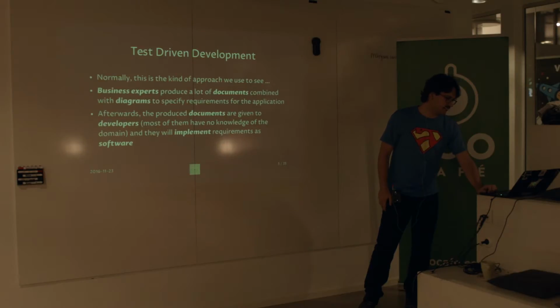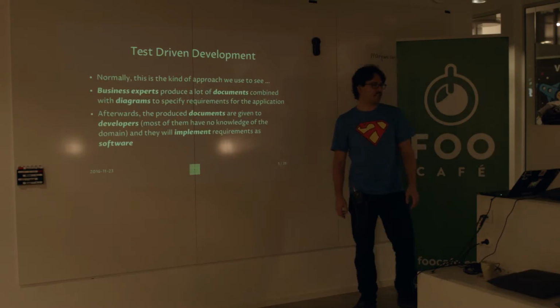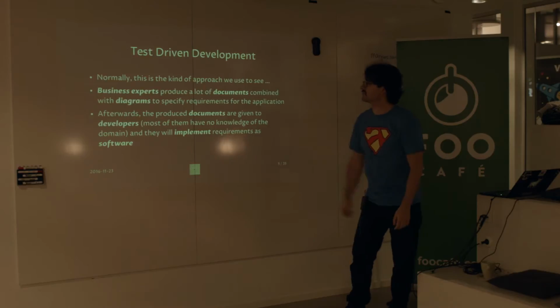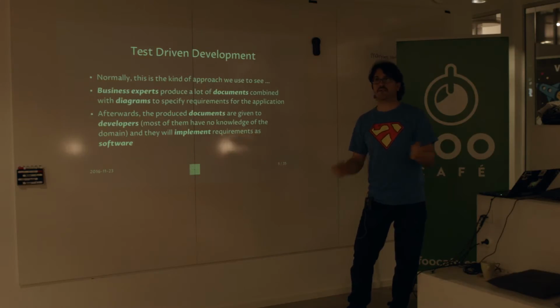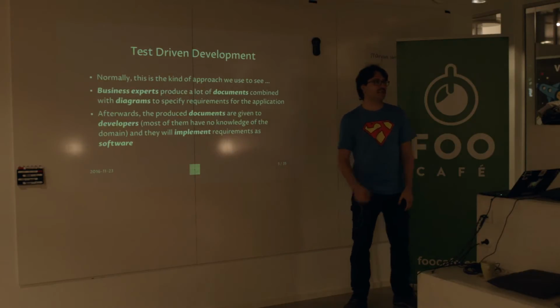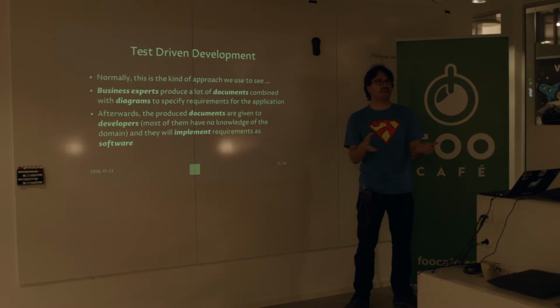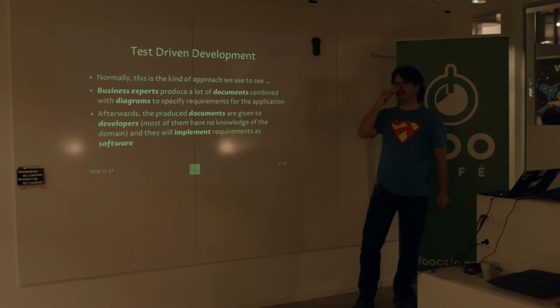So, what is it? What do we actually see in this kind of approach? Well, a lot of business experts produce a lot of documents, and they can be Word documents or whatever text editor. They're able to write whatever they want to explain how the business logic is going to work. And sometimes that's not enough, so they have to rely on diagrams to explain a bit more.